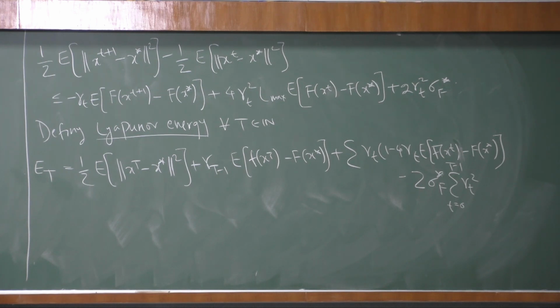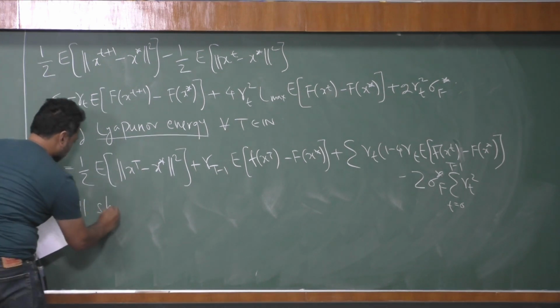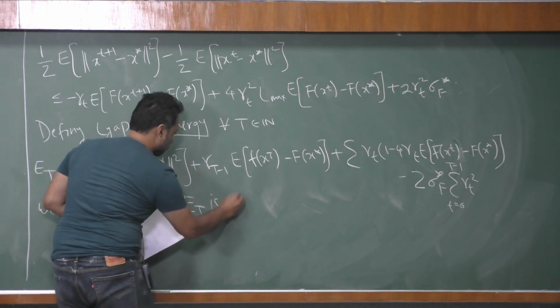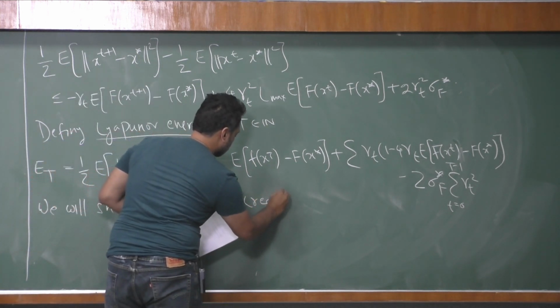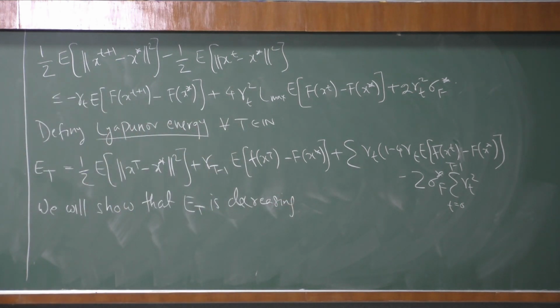All this will be used later on, we will come back here again. So let us first prove that this is decreasing. We will show that, to show that, we will take the difference of t plus 1 and t, so that it's less than or equal to 0.